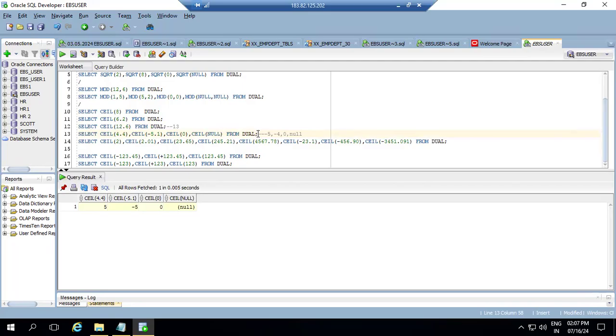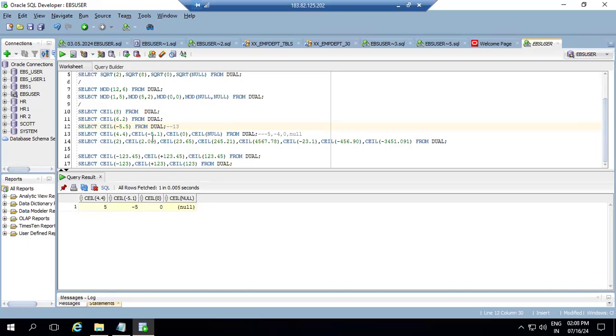As I told, when it is minus also, what happens in this case? Suppose I'm just mentioning minus 5.5 over here. How will it consider? Is it minus 6 or minus 7? How is it considered? Minus 5.